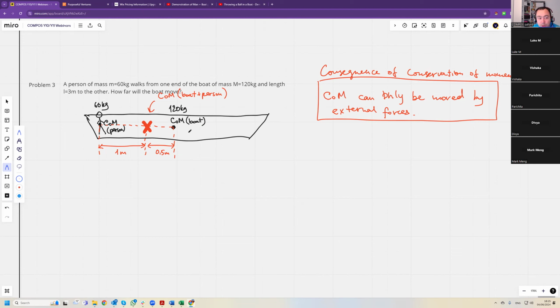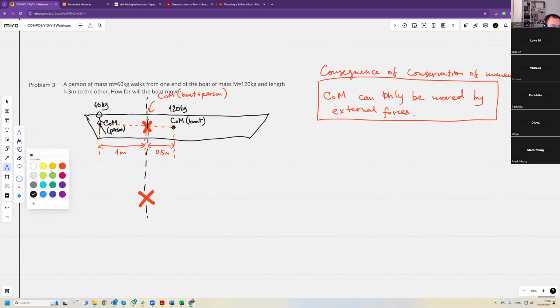And because there are no external forces, because the boat plus person don't have any external force except water resistance, which we will assume negligible, the center of mass will not move. Because there are no external forces, the center of mass will stay where it is. So by the time the person shifts to the other side, the center of mass will remain where it is.